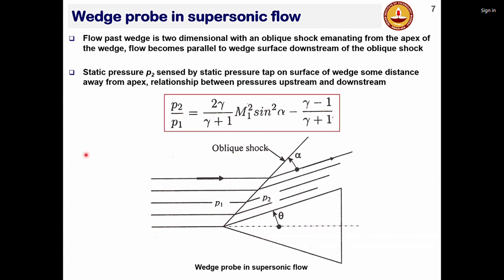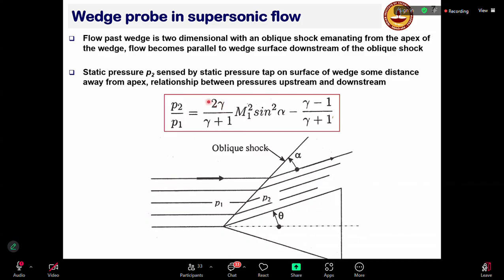So again, from gas dynamics, the ratio of the downstream pressure P2 to the upstream pressure P1 is given in the literature. This is derived in the literature, which is given as 2 gamma over gamma plus 1 into M1 square sine square alpha minus gamma minus 1 over gamma plus 1.